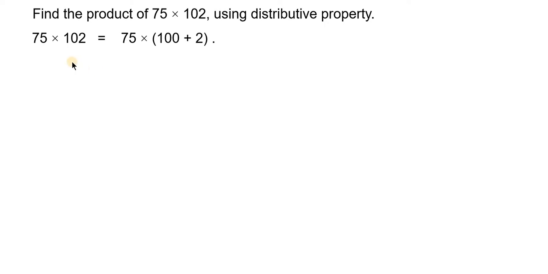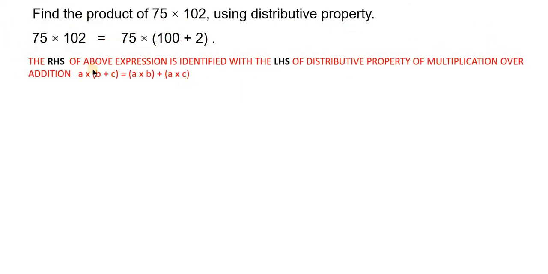So now in this one, 75 into 102, it is written as 75 multiplied by 100 plus 2. So the expression is identified with the left hand side of the distributive property of multiplication over addition.